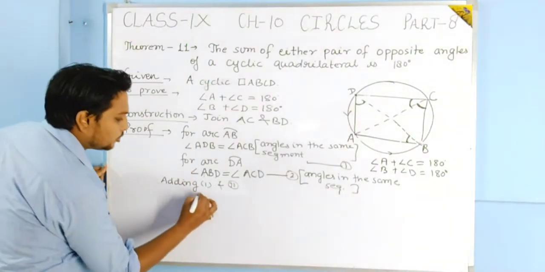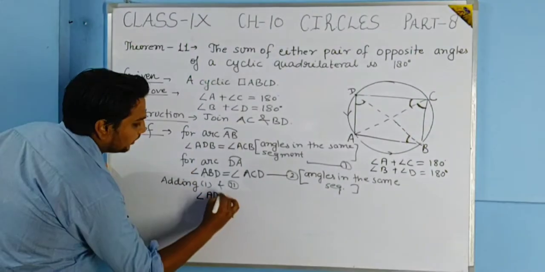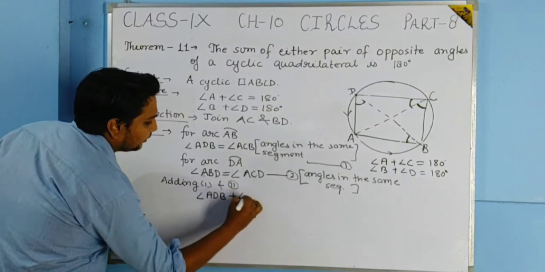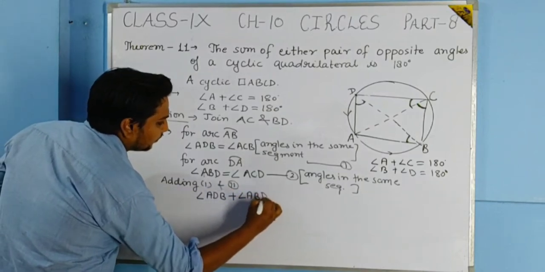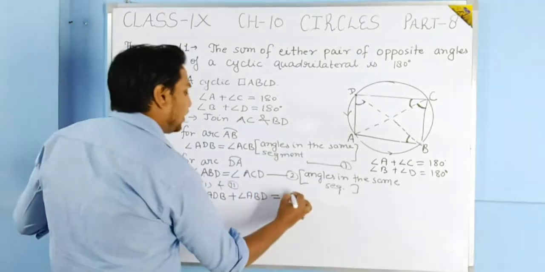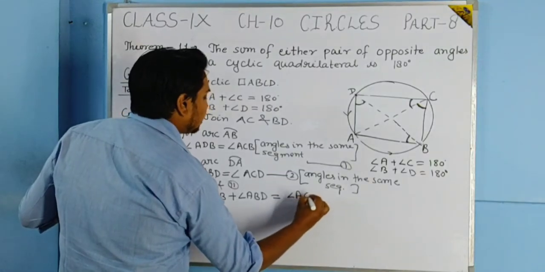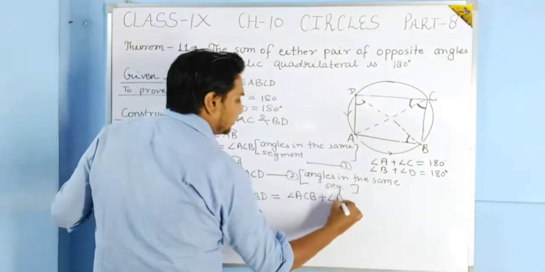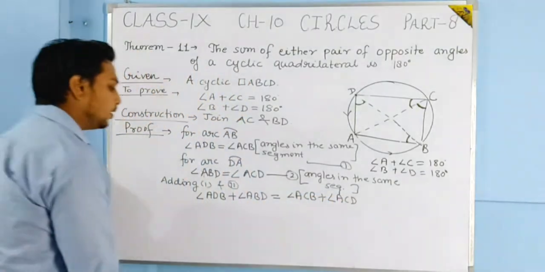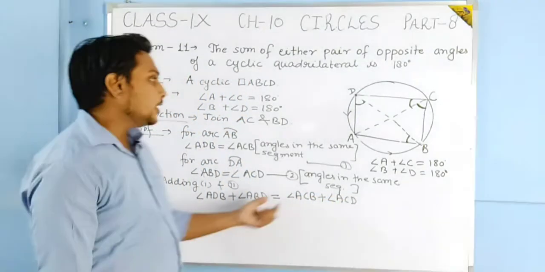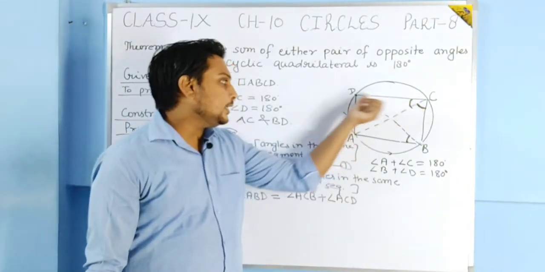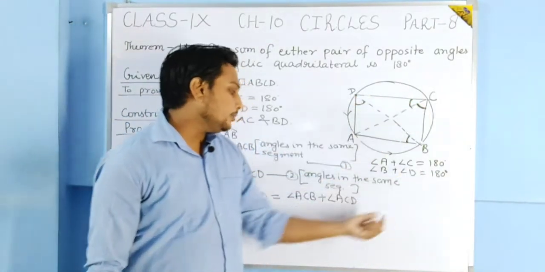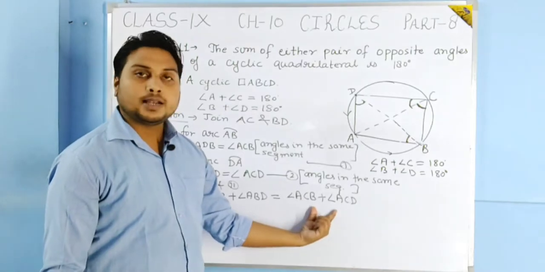Now if we add these two, so angle ADB plus angle ABD, and in the right hand side angle ACB plus angle ACD. Here you can see, students, that angle ACD and angle ACB together make this side, the right hand side.